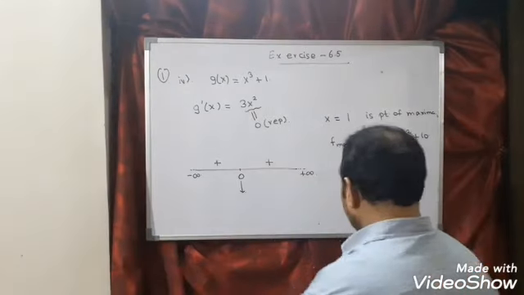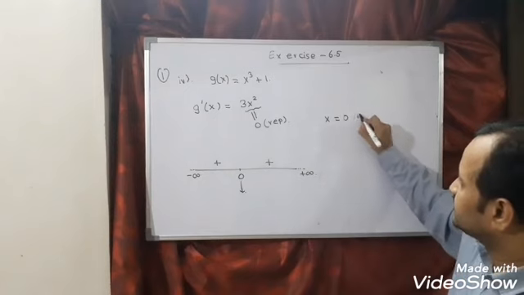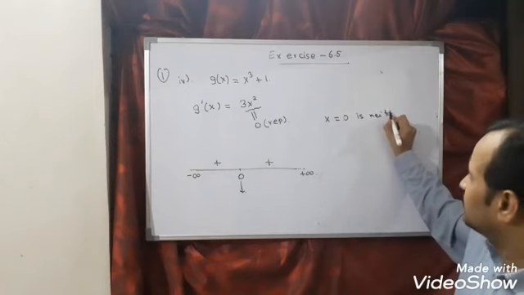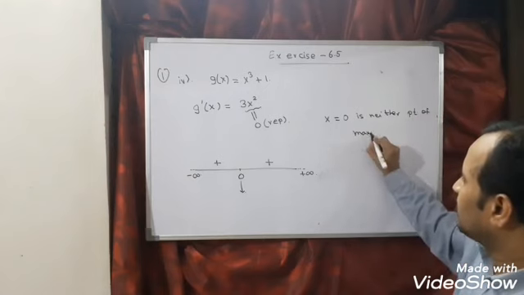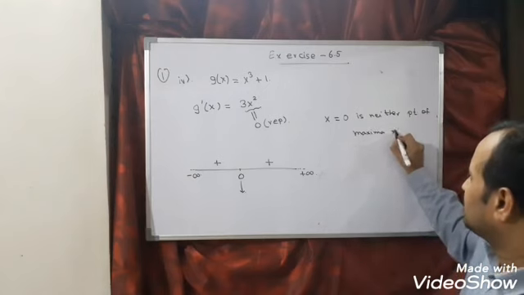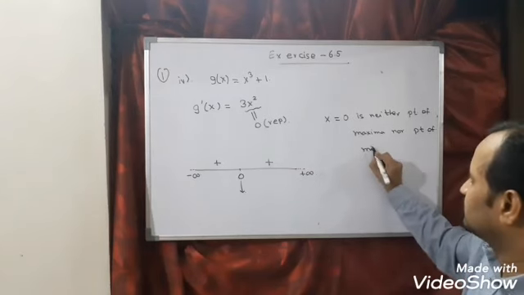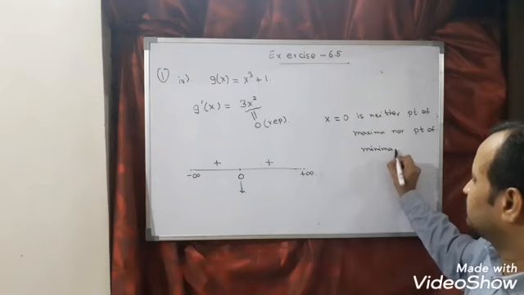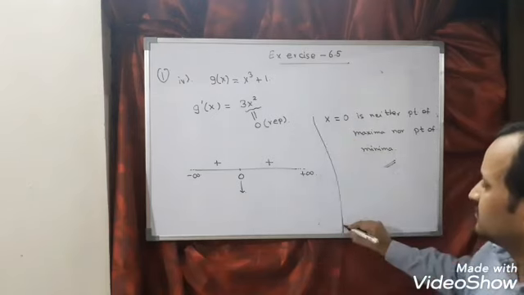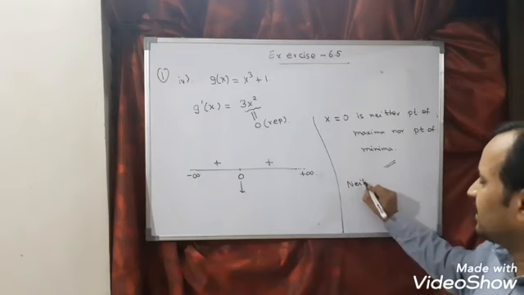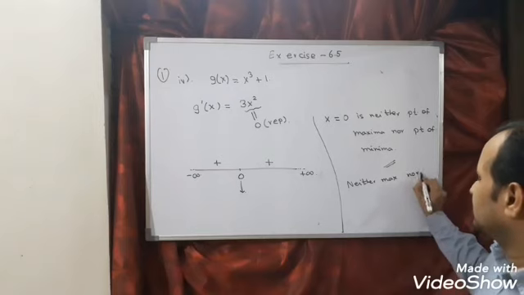So here I can say x is equal to 0 is neither the point of maxima nor the point of minima. Yes or no? So this is the required answer. So I can say neither maximum value nor minimum value.